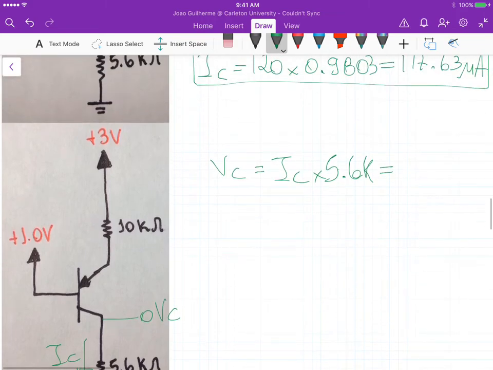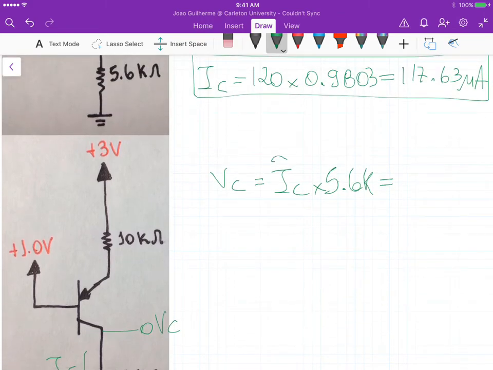If we substitute IC up here, we get a value of 0.658 volts. This is VC.